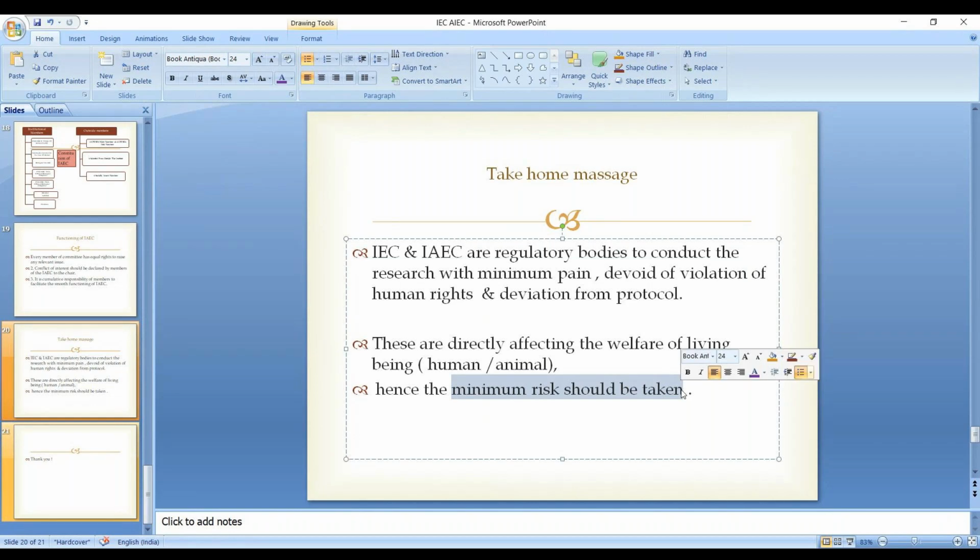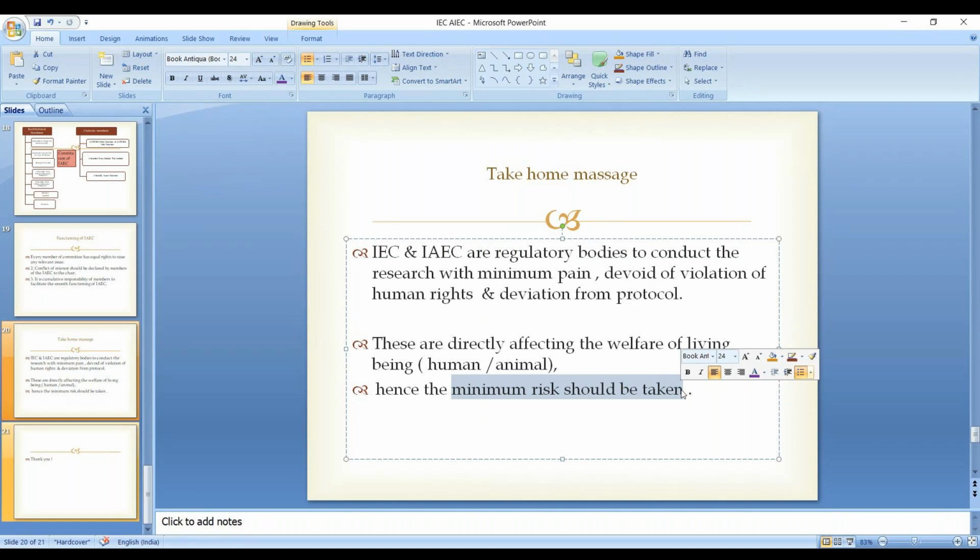It should be beneficial to humans, but while doing this, animals should also not get very much pain. All these are the things which the IEC and the Animal Ethics Committee have to take care of. So they are not bodies which are merely stringent.